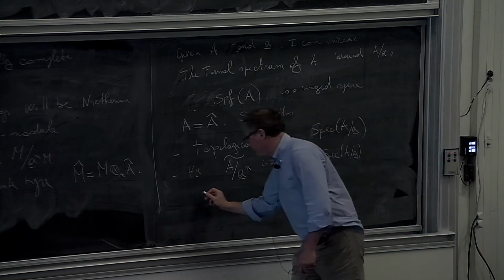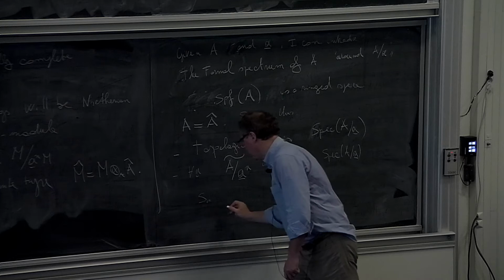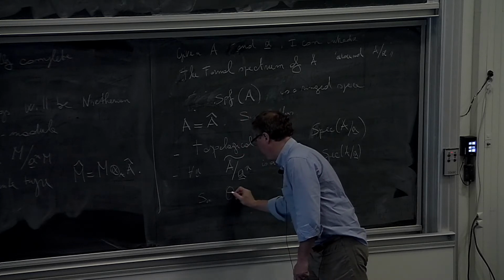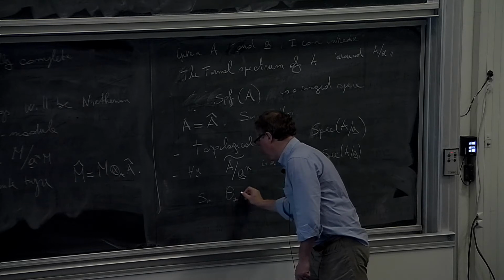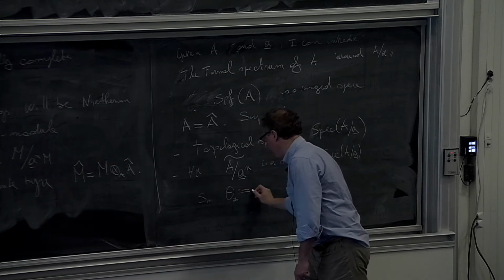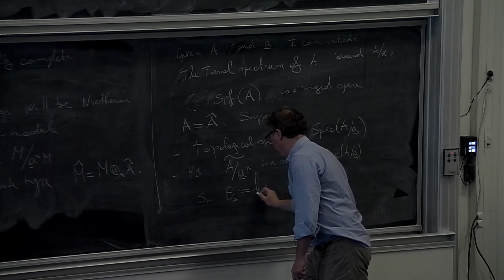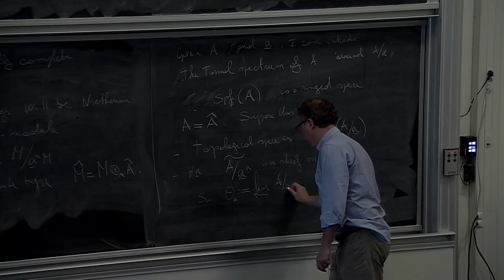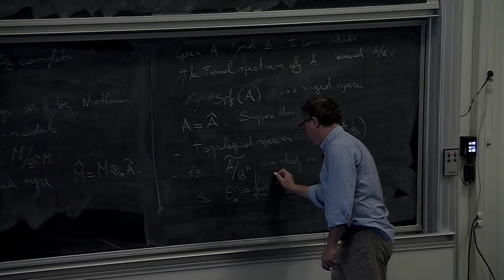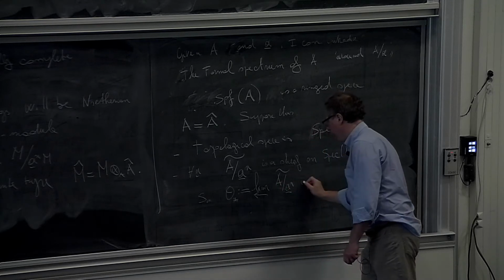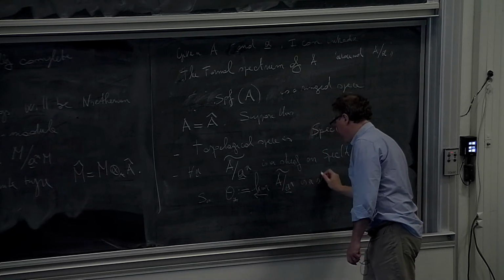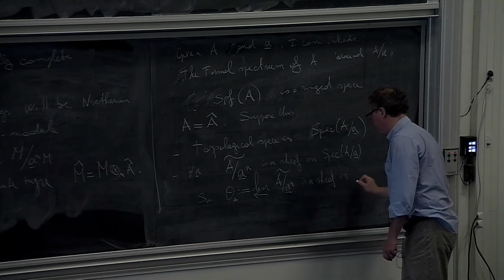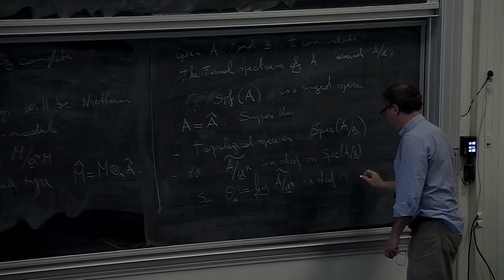So O_X, which is by definition the limit of the sheaves A divided by 𝔞^n, is a sheaf on this space.